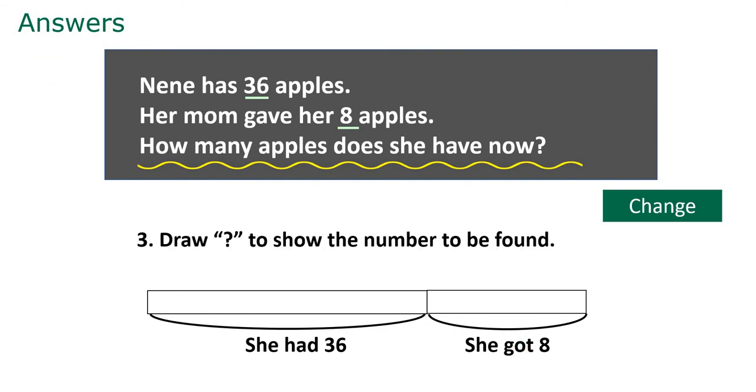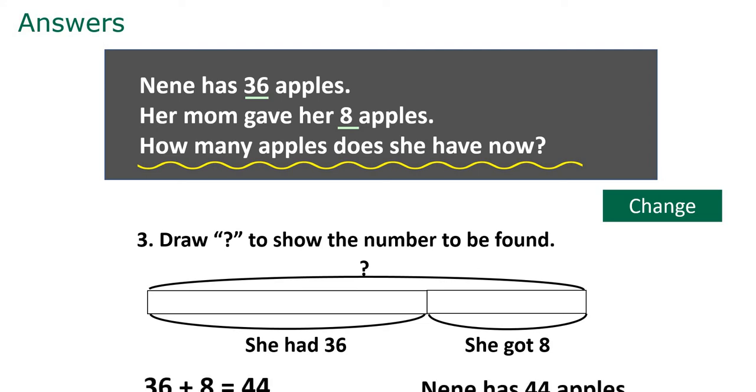And then we indicate the question using a question mark to show the number to be found. Then we write a number sentence showing that 36 plus 8 apples that she got will give us 44 apples. Now we write the answer in full and say Nene will now have 44 apples.